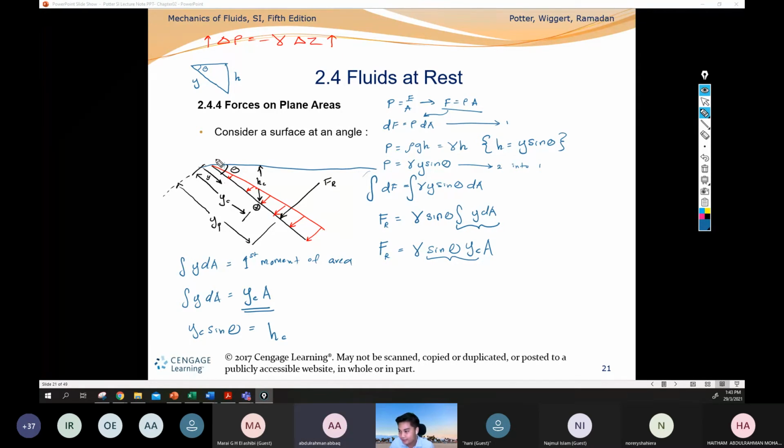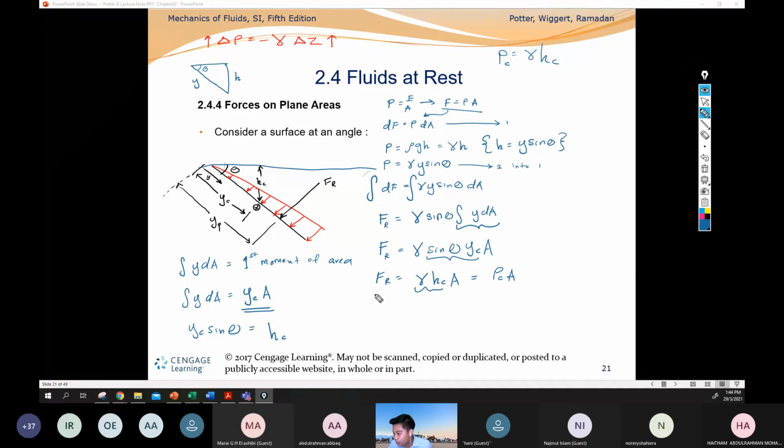Okay, everyone? Do you get it? Do you understand? Yes, Doctor. So FR is actually equal to gamma HC times area. All right. So we know already rho H is a pressure, right? Pressure equal to rho times H. So if this is subscript C, this is subscript C, we can simplify further: PC A. All right.